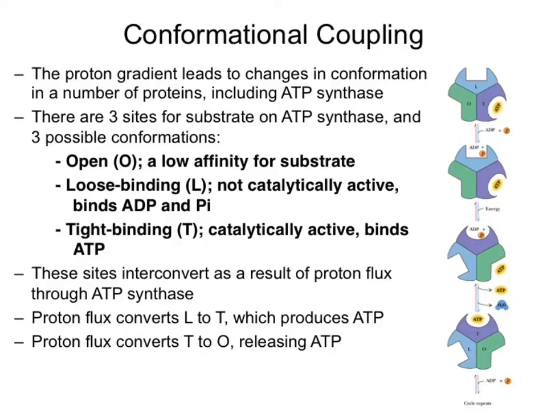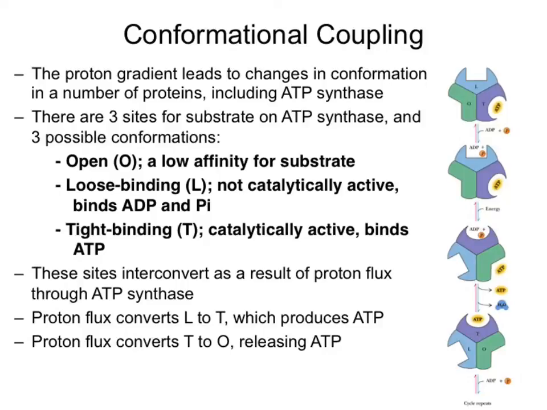To exchange between each of these sites, our central stator is rotating and causing a conformational change that then allows for each of these changes in state. So our ADP binds into the catalytic site.